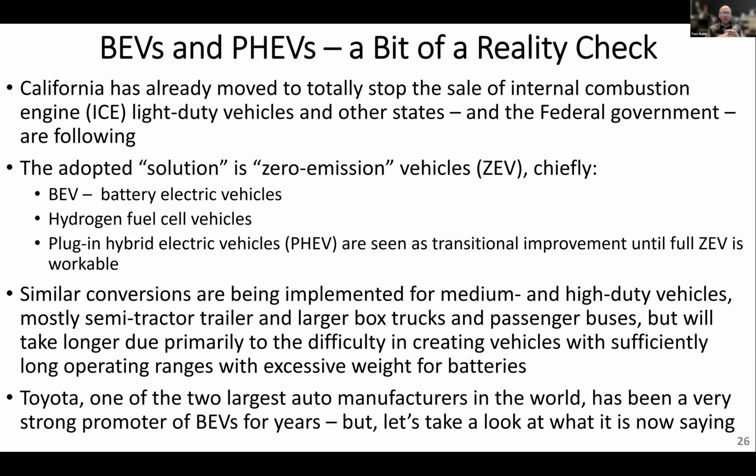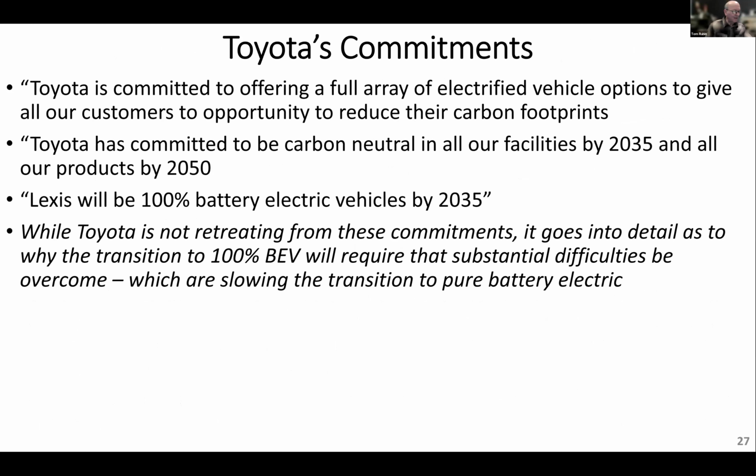Now, Toyota, for more than a decade, has been either the largest or second largest auto manufacturer every year for the past decade. It has been strongly advocating for battery electric vehicles. But let's look at what it's now saying. This is from a Toyota document.